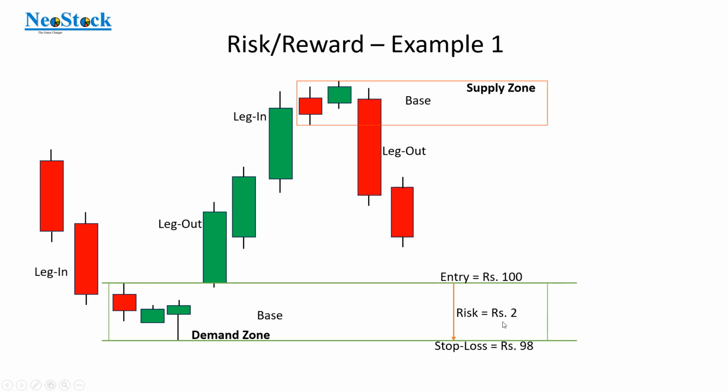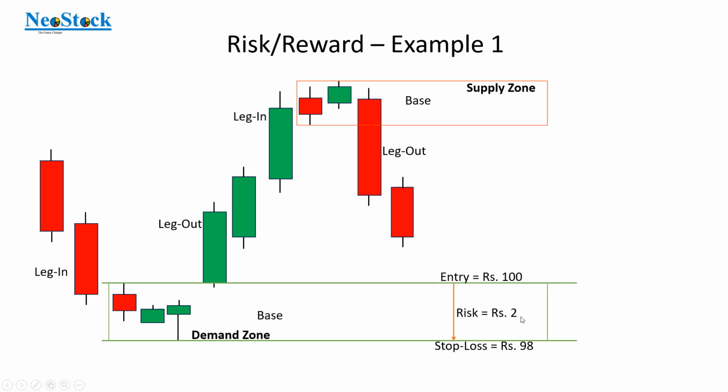So what exactly is the meaning of risk equals rupees 2? It indicates a potential loss if the trade is against us. We are in a position to lose rupees 2 for every 100 rupees share. If the capital is 100, you are in a position to accept this risk.